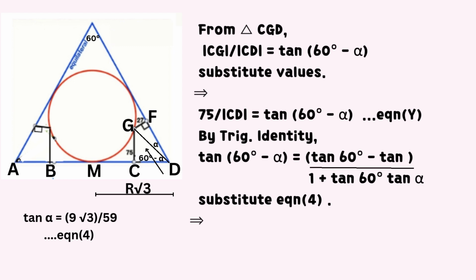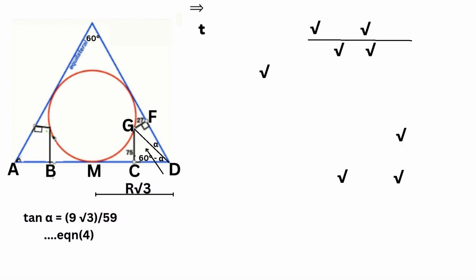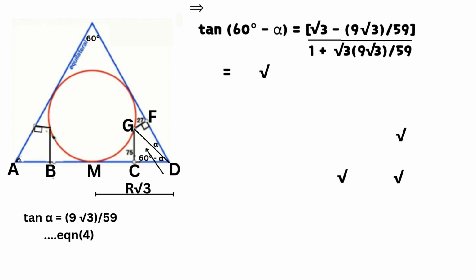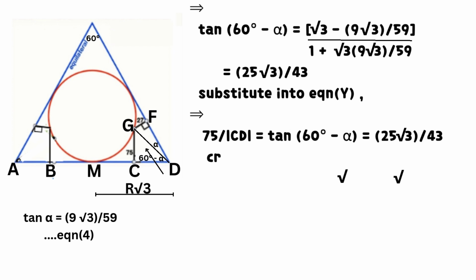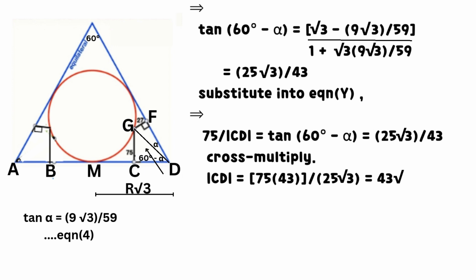Substitute equation 4 into this equation. We obtained that tan of 60 degrees minus alpha equals 25 times the square root of 3, all divided by 43, after simplification of substituted values.